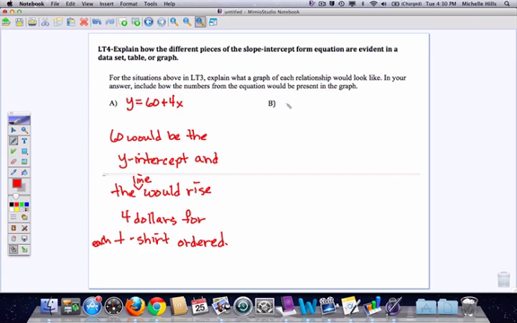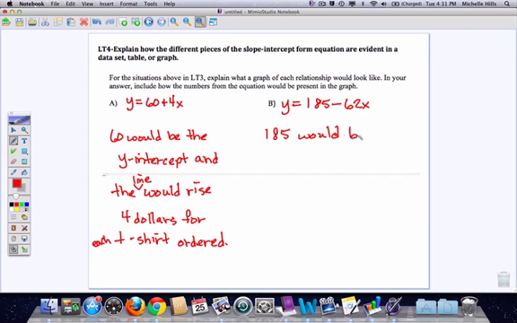So going to what that graph would look like, my equation is y equals 185 minus 62x. Similar sort of wording. 185 would be the y-intercept. So I'm saying what the graph would look like, so it's not just the starting value. Where do I find the starting value on a graph?